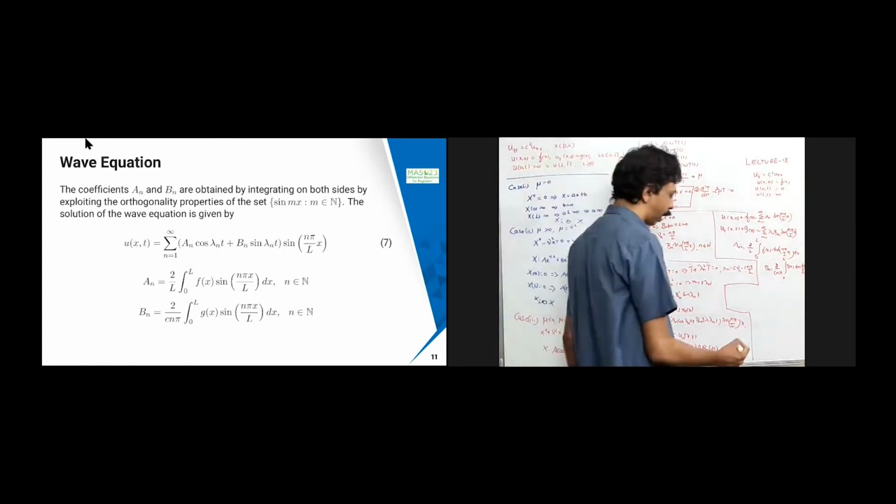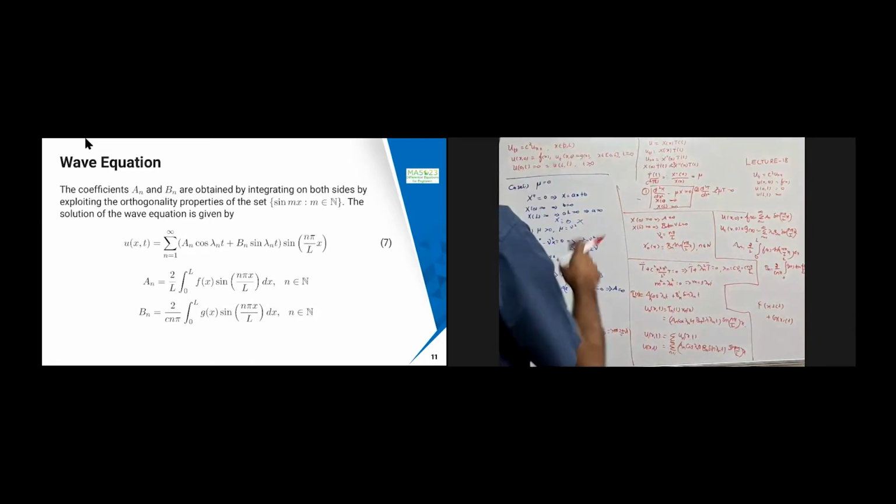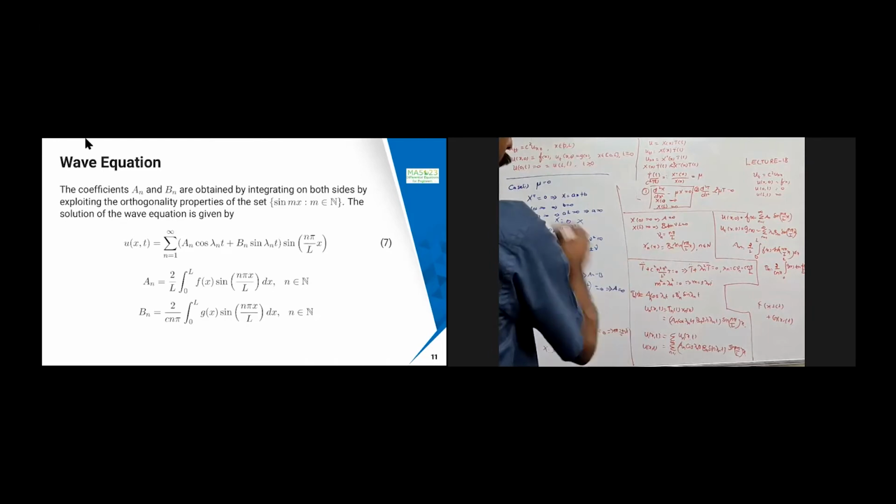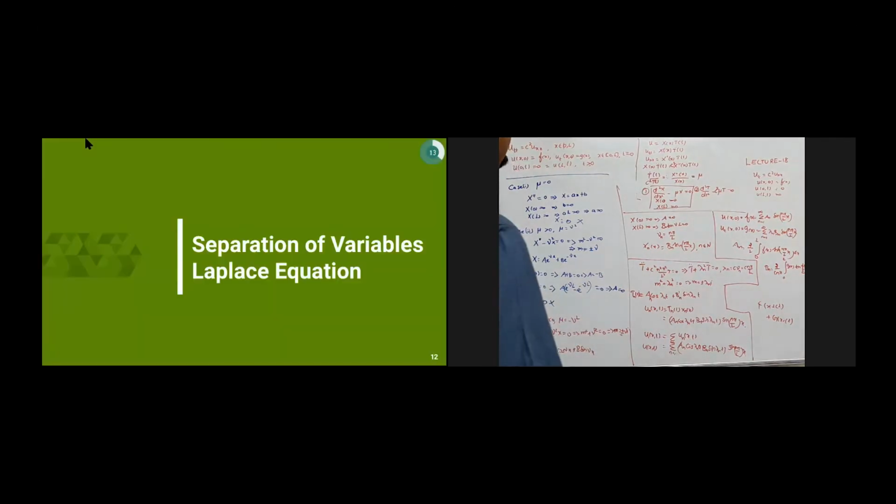We are going to get that in the next few minutes in D'Alembert's method, which we are going to explain. In that case, you are going to get f of x plus ct plus g of x minus ct. A similar kind of thing is going to come from here also, if you use the sin a plus b, sin a minus b, cos a plus b, cos a minus b formulas, which we will see in a few minutes.